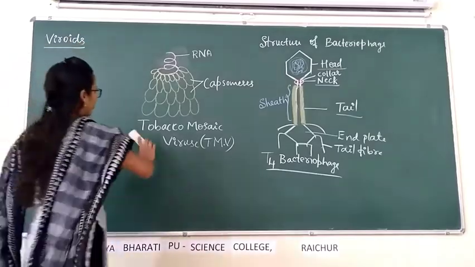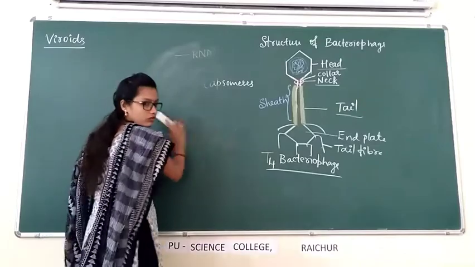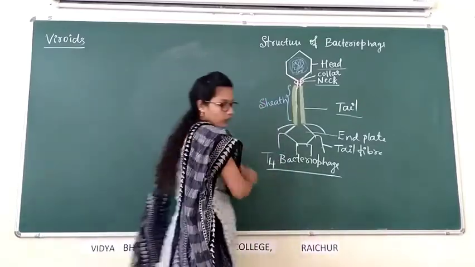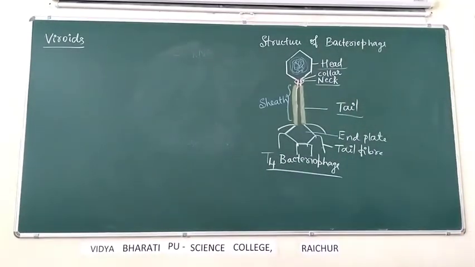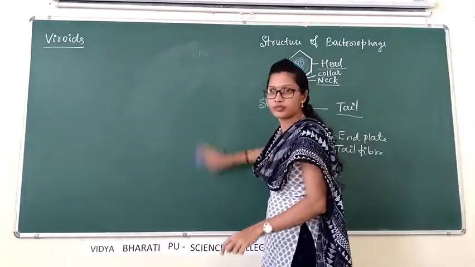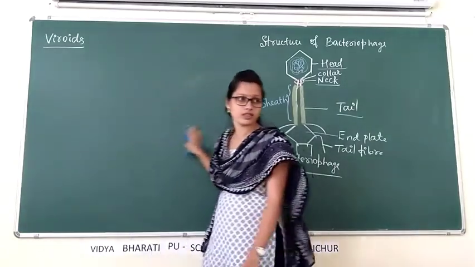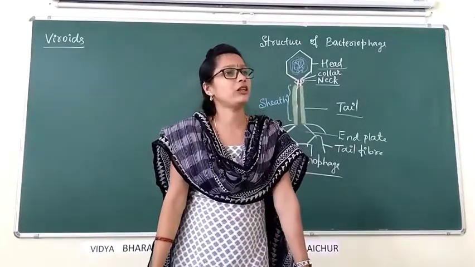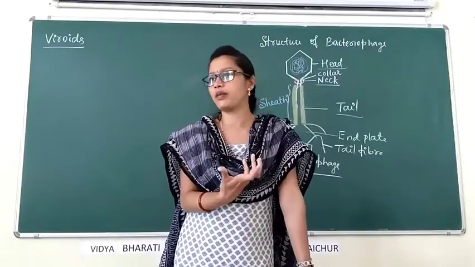Viroids. Viroids are smaller than viruses. The main difference between viroids and viruses is that in case of viruses, the genetic material is always covered or enclosed by a protein coat.